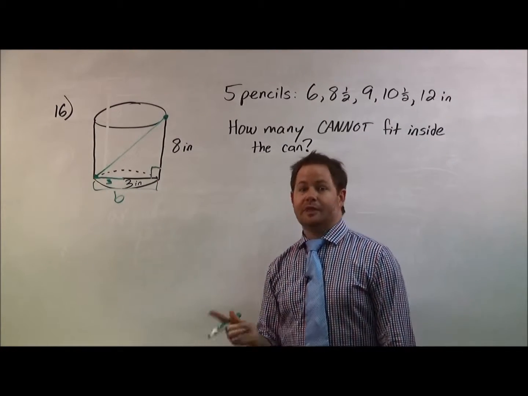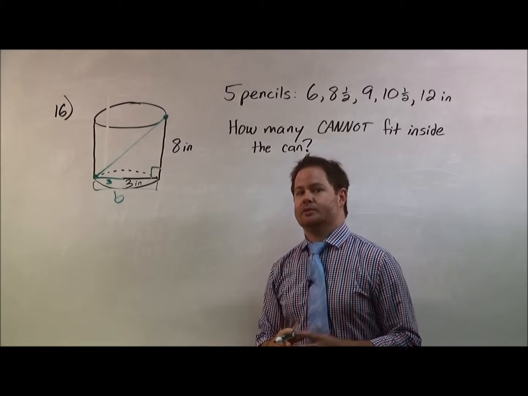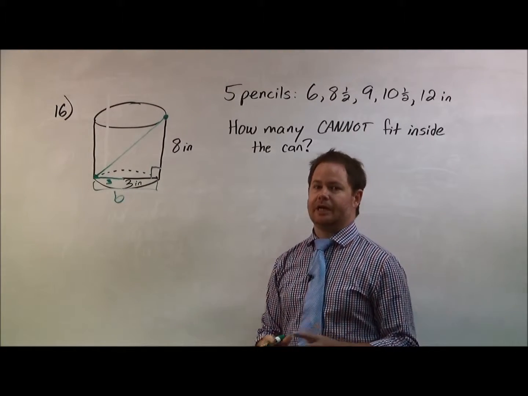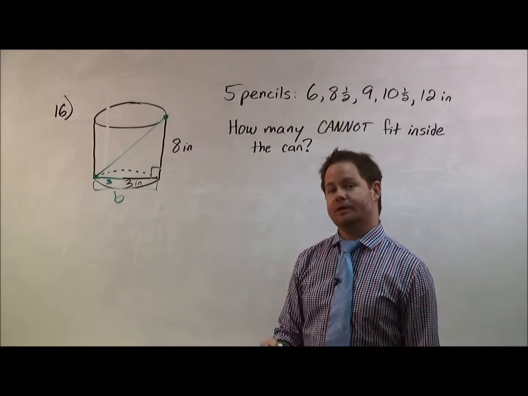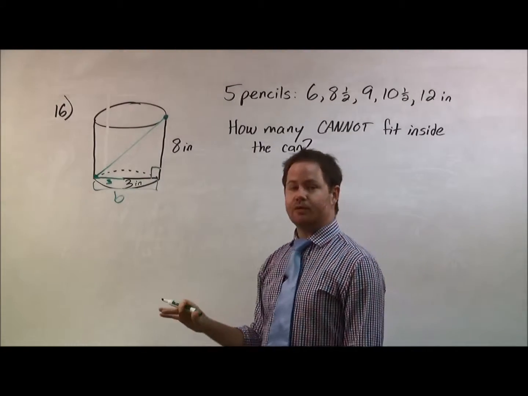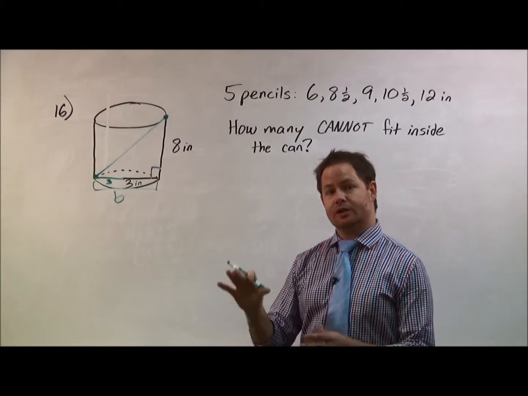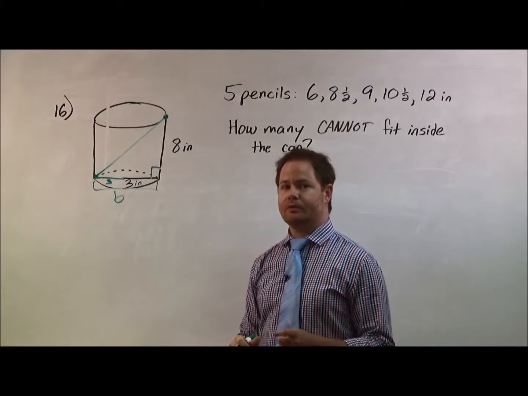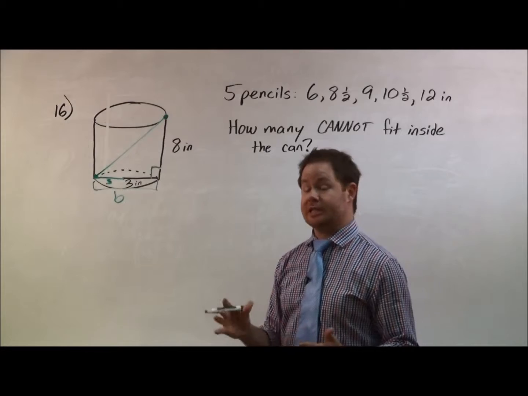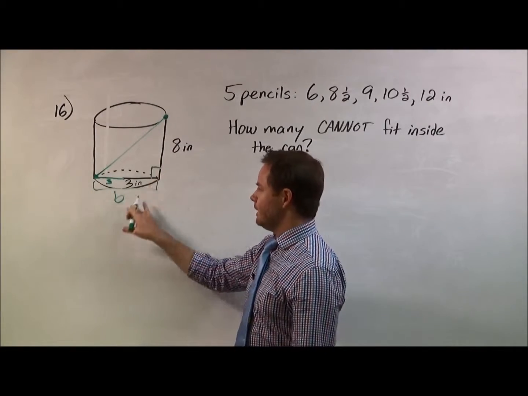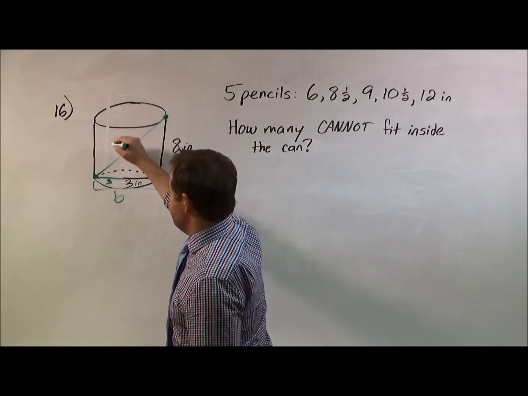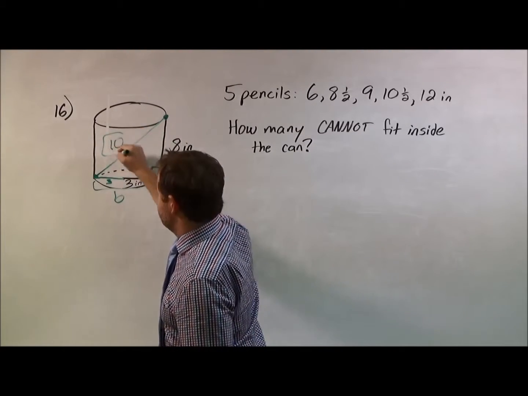Now we could use Pythagorean theorem to solve for the hypotenuse of that right triangle, but ideally we want to see if we can recognize this as one of the expansions of a 3, 4, 5 right triangle. If you took a 3, 4, 5 right triangle, and if you don't know that one, go ahead and make a flashcard of it because you'll see it a lot on the SAT. You can double each side, and a 3, 4, 5, when each side is doubled, is going to be a 6, 8, 10.